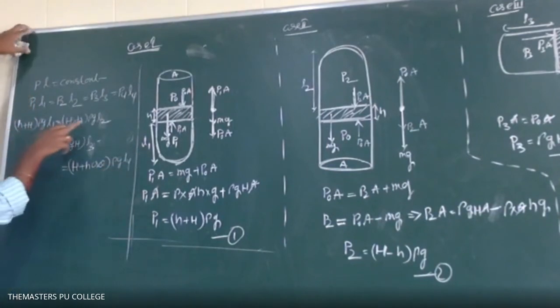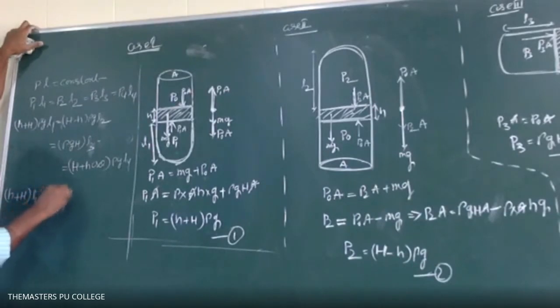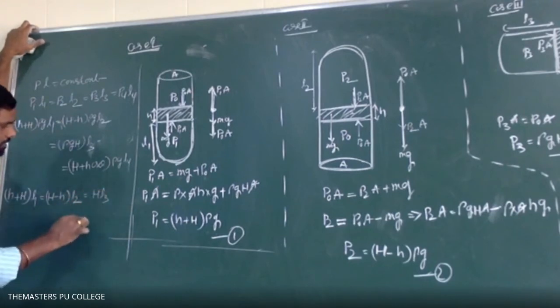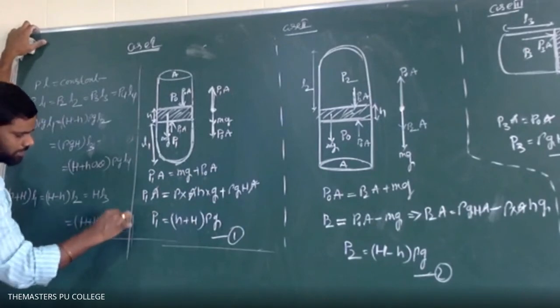So this rho g is common among all the terms, and we can take it out. Then we get H plus capital H into L1 equals H minus small h into L2, equals h into L3, equals H plus h cos theta into L4.